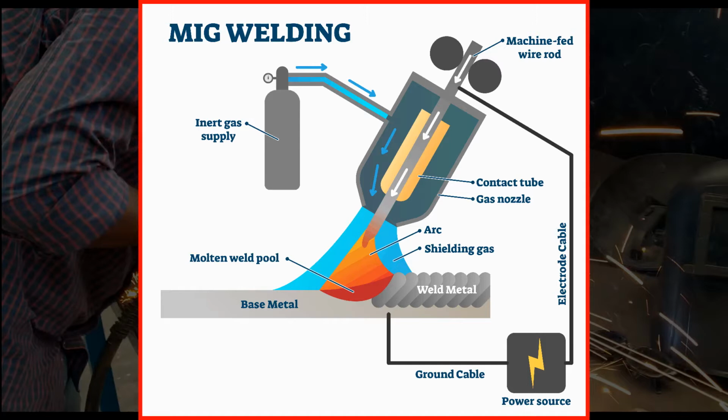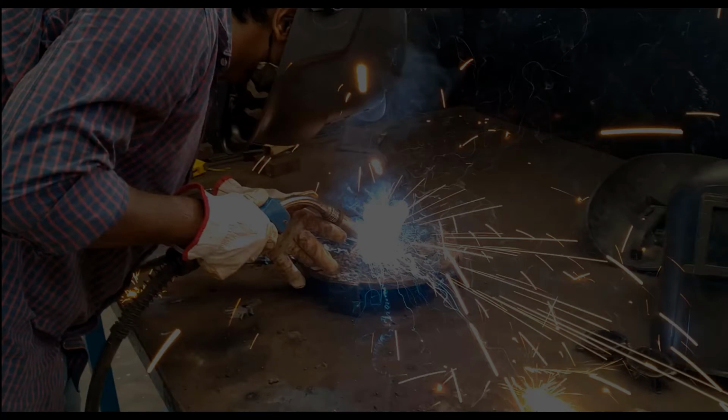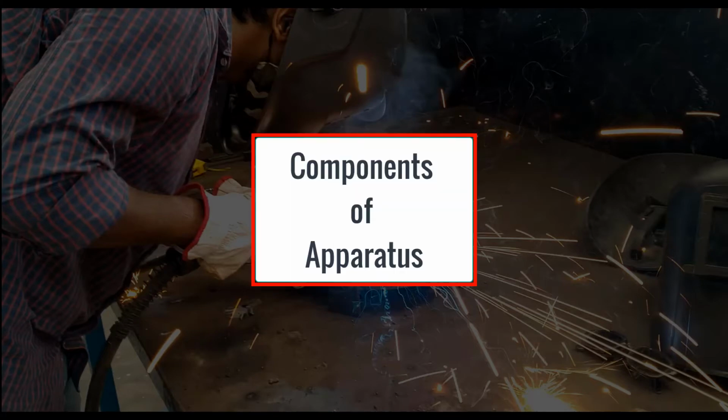By connecting our AC or DC power source, we can generate the heat. In this process, the arc is generated at the end of the small diameter wire. When you start your welding process and touch your wire to the workpiece material, the arc is initiated, and due to this arc, heat is generated.